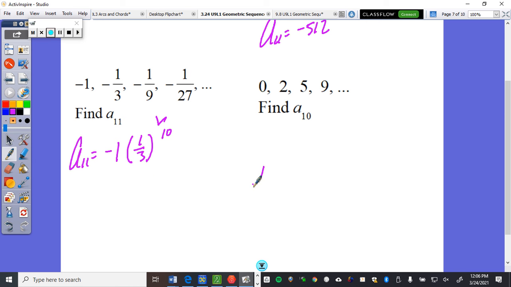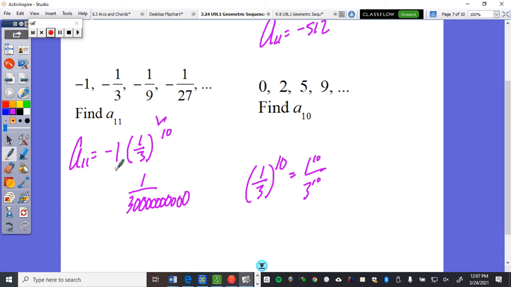If I take 1/3 and raise it to the 10th power, that's 1 to the 10th power over 3 to the 10th power, which would be 1 over 1, 2, 3, 4, 5, 6, 7, 8, 9, 10.